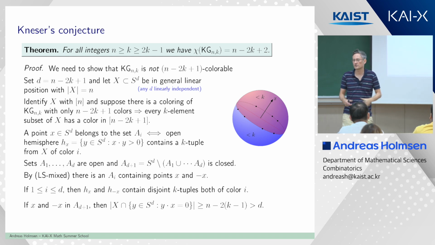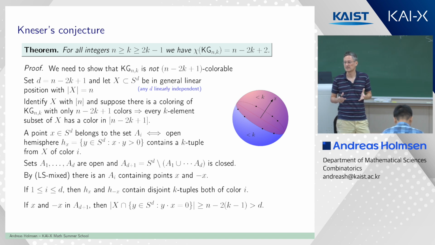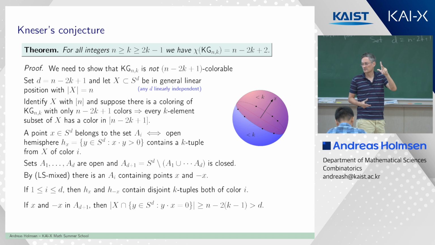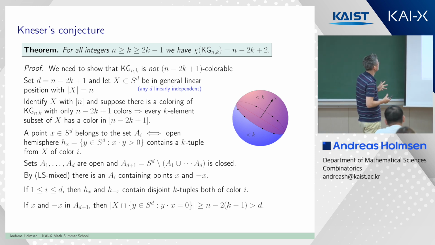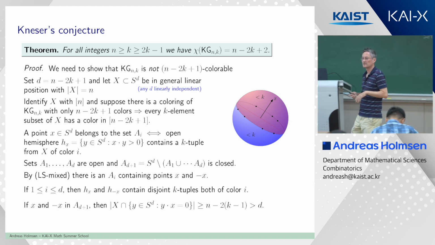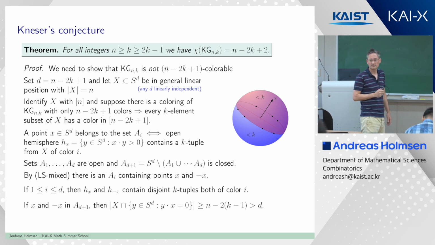You can choose them freely any way you want, as long as you satisfy this general position. So it means that any d of these vectors form a basis for R^d. Sorry, let me think. Is there a mistake here? It should be any d plus one of them are linearly independent, I think, because S^d lives in R^(d+1).